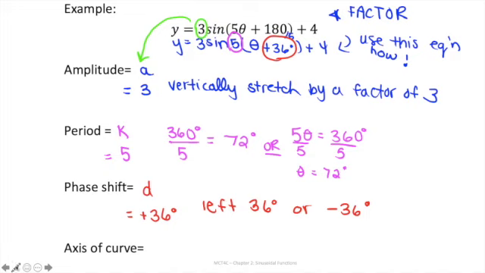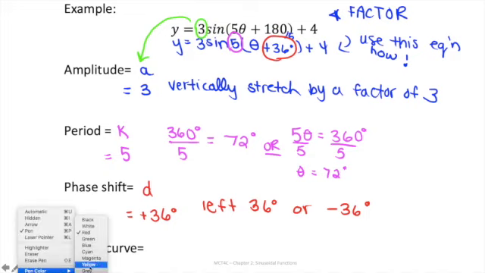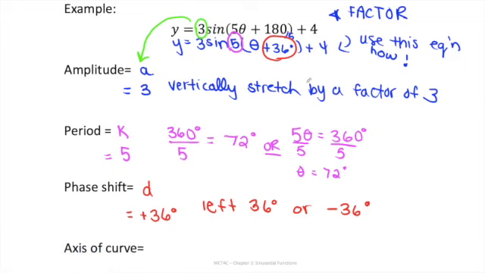And then our axis of our curve, we actually haven't looked at too much yet in this, other than the very first slide. It is just the number that is your C value at the end of the equation, and that is equal to 4. So your new axis of your curve is equal to y equals 4. So it's just what splits your graph evenly.